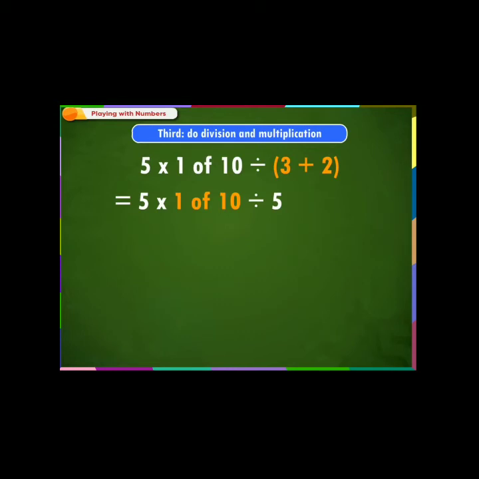So, 1 of 10 means 1 multiplied by 10. We get 5 multiplied by 10 divided by 5. Next, we have to do the division first and then multiplication. Therefore, 10 divided by 5 is 2, which gives 5 multiplied by 2 equal to 10.